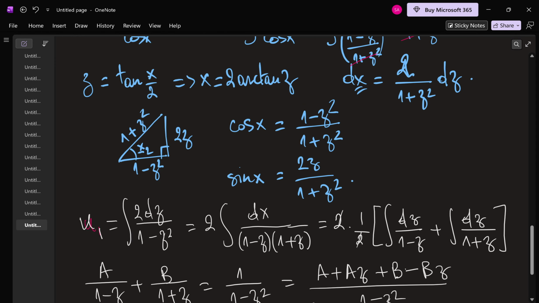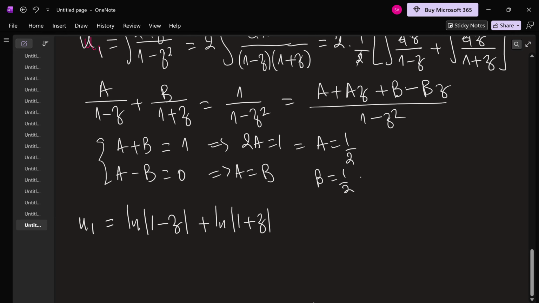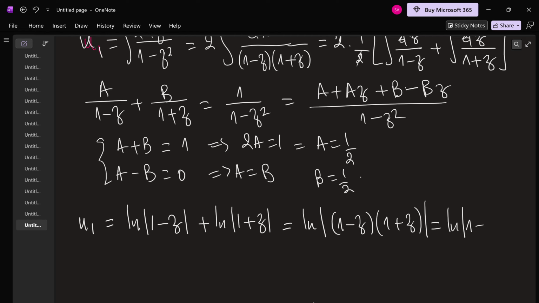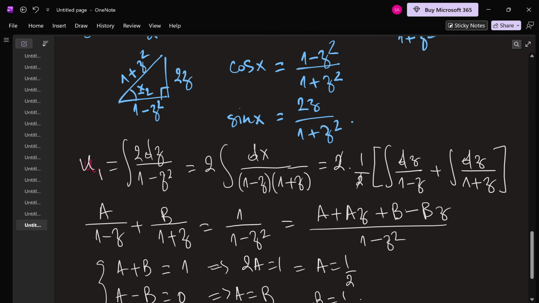And we put that z is equal. So we return back. If you compute this, you will get something like this. It is ln of the multiplication 1 minus z times 1 plus z, and it is equal to ln 1 minus z squared. You return back, you will find that it is equal to ln 1 minus, what is z?